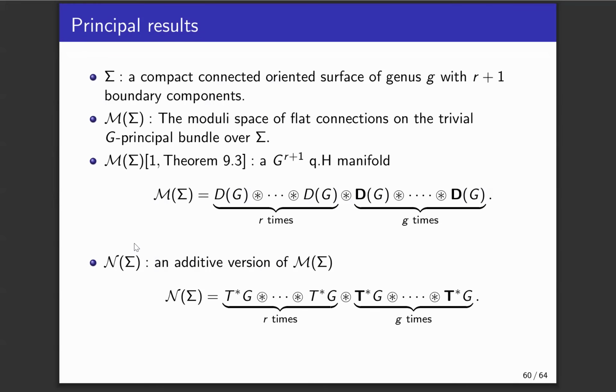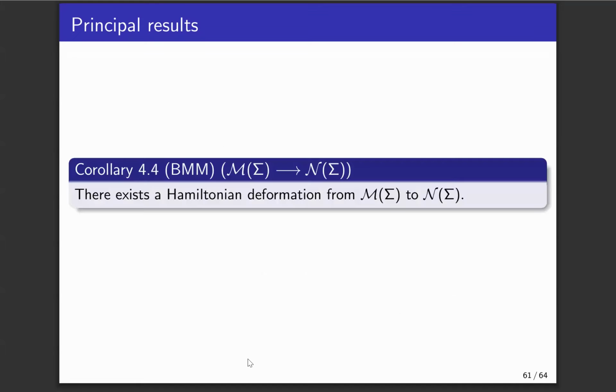The idea is to deform each component, to deform the double of G to the cotangent bundle, and then we deform also the internal fusion of the double to the internal fusion of the cotangent bundle.